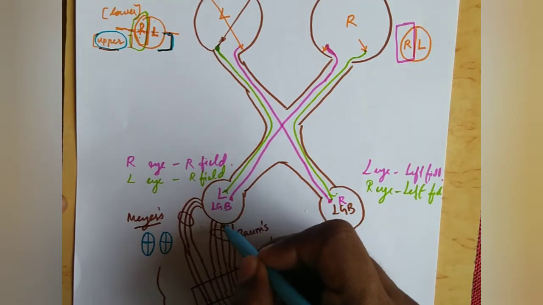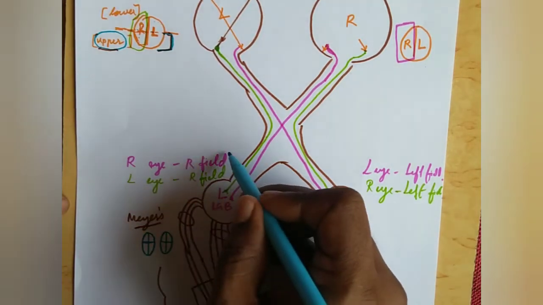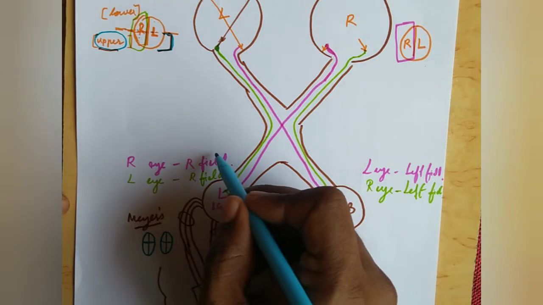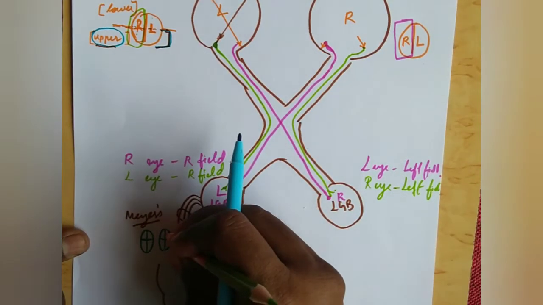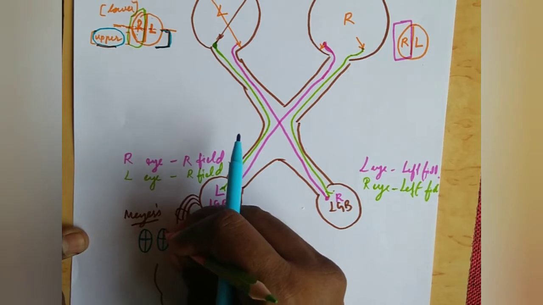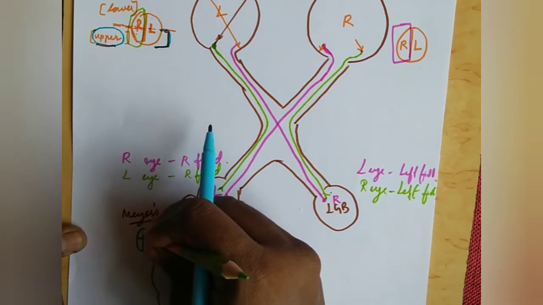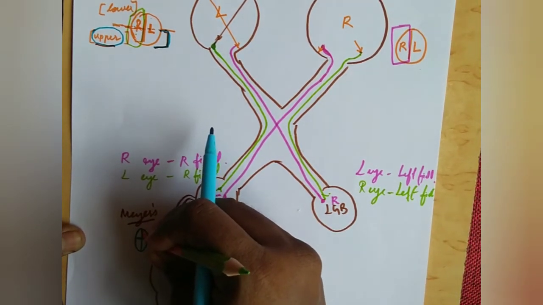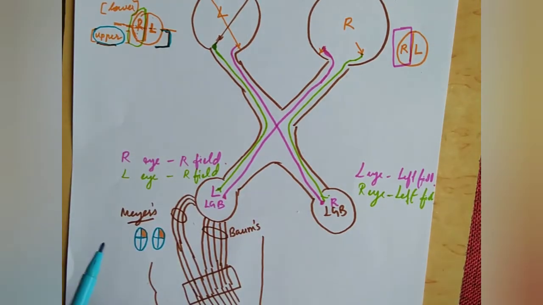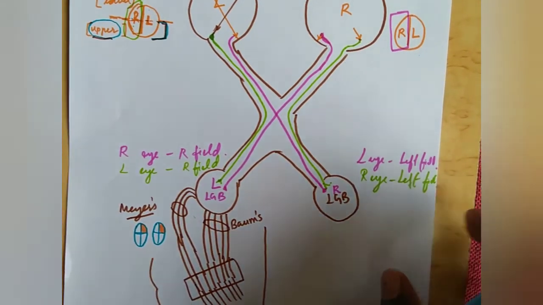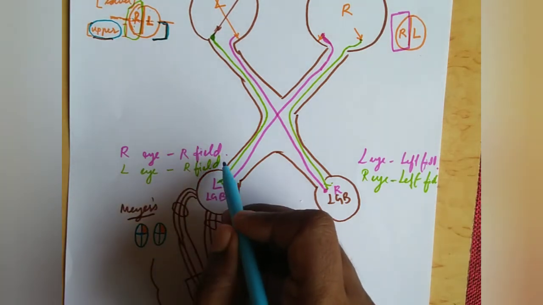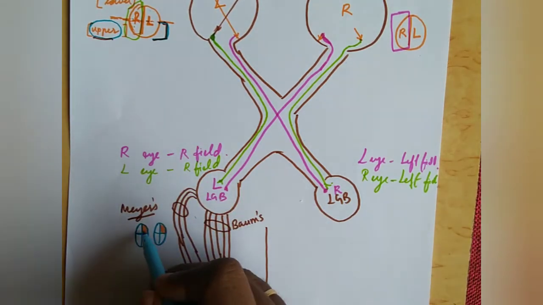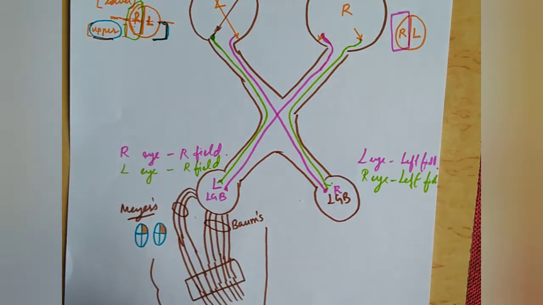This lateral geniculate body is concerned only with the right fields, only the right part. Only the right field of the upper part. The right fields of both the eyes are going to travel this way.